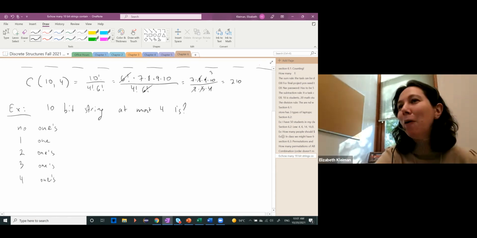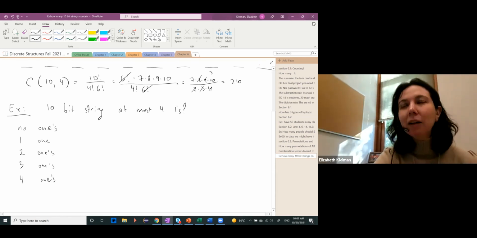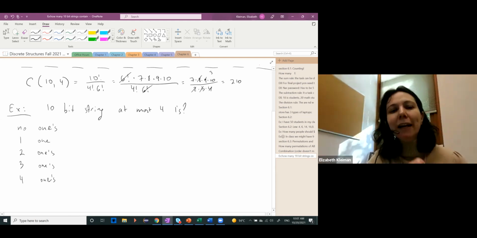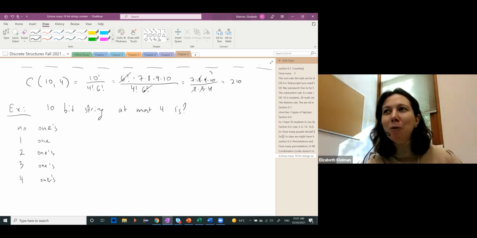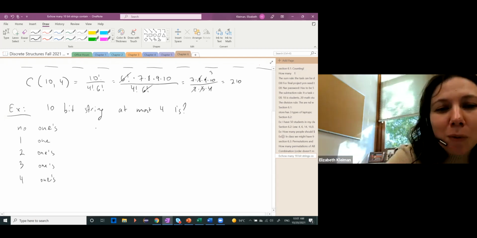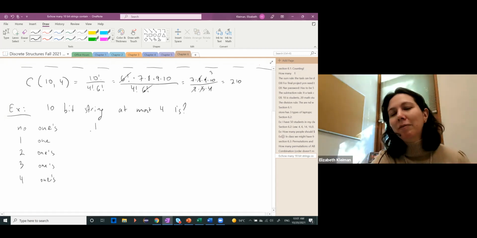Correct? This is my options. So in how many ways can I have no ones at all? I have 10 spaces. I do not allow ones at all. So this one is just one option, correct?